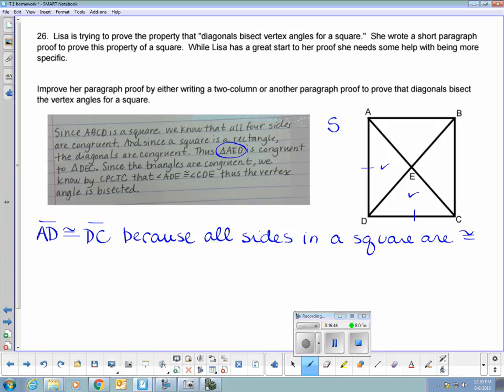What I also remember about squares is that the diagonals are perpendicular to each other. So we can say that AC is perpendicular to DB by definition of a square. Or it might be better just to state that in the definition of a square we have 4 congruent sides and 4 right angles.